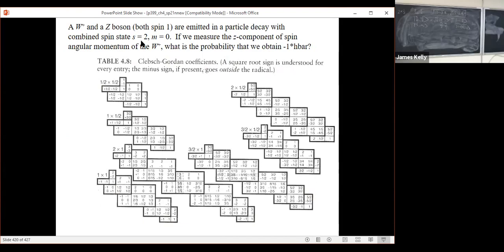Good. Now, I'm not telling you how we got this information, but sometimes you know a lot about the state before, not just the spins, but also the orbital angular momentum state. Suppose we somehow know that the combined spin state afterwards has combined s quantum number 2 and combined m quantum number 0.